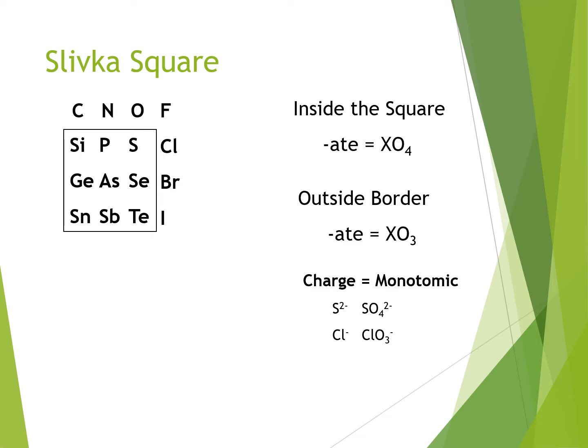Now, key feature when you're working out these polyatomic ions is that the charge is going to be the same as the monatomic. So sulfide is -2, sulfate is -2, sulfite is -2. Chloride is Cl minus, chlorate, ClO3 minus, chlorite, ClO2 minus.